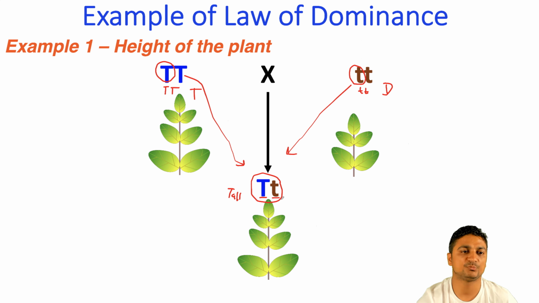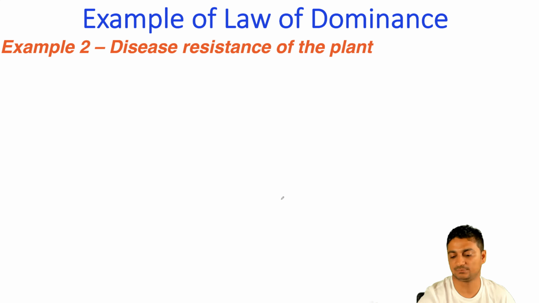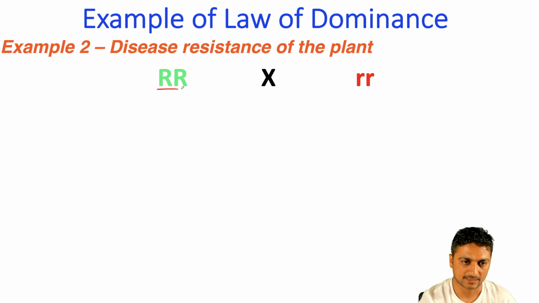And let's move to the second example so that it will be easier for us to understand. So in the second trait we are talking about disease resistance in the plant. So capital R, this is resistant plant, and small r, that is susceptible plant.